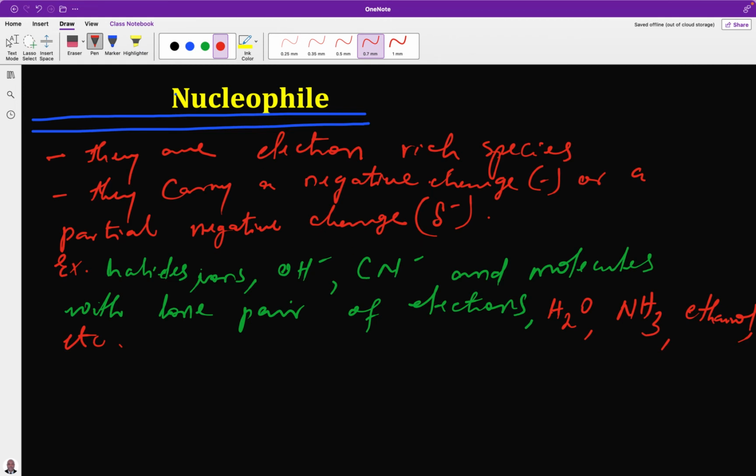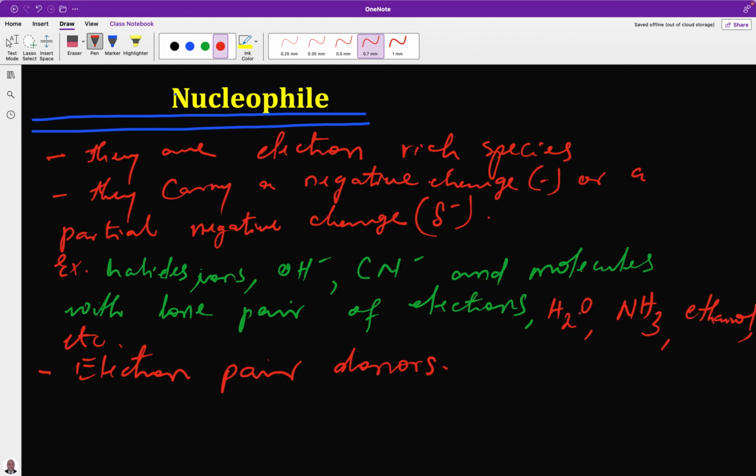As electrophiles are electron pair acceptors, nucleophiles, on the other hand, are electron pair donors. Because they have lone pairs of electrons, we say they are electron pair donors.